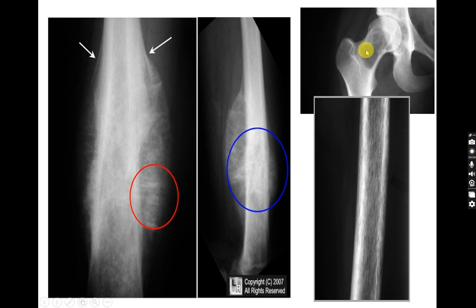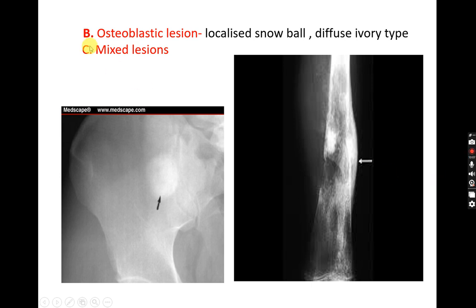So here we have covered the osteolytic type, in that three types: geographic, moth-eaten and permeative. Then this is the osteoblastic lesion, and mixed, this is lysis and blastic change in the same lesion, so it is a mixed type.